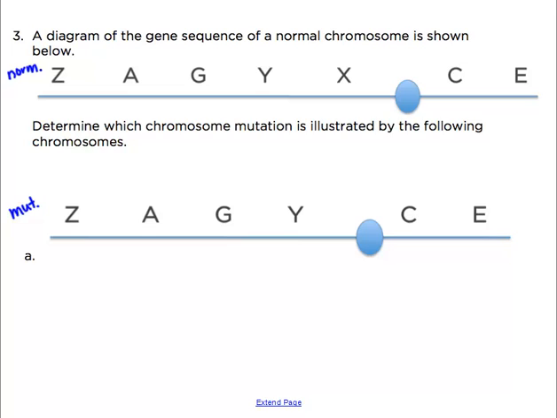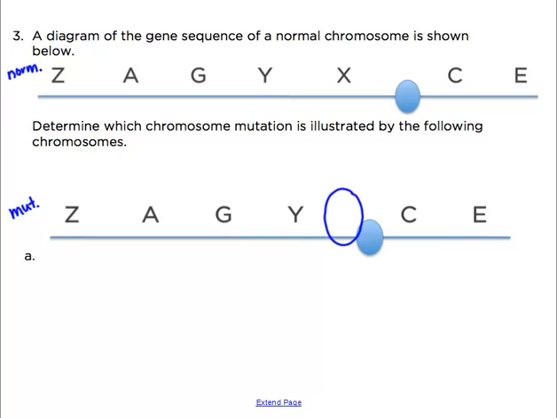So for part A, when you're comparing the normal chromosome gene sequence to the mutated one, you can just go from left to right. You see you have Z, A, G, Y, and then you're missing this X, right here. So I'm just going to circle where you see the mutation. Then you have the centromere, and then you have CE.